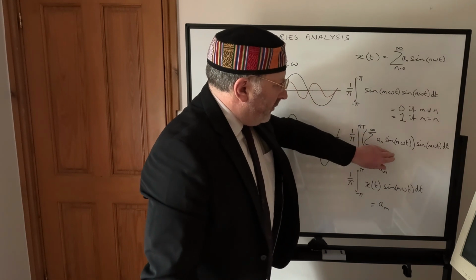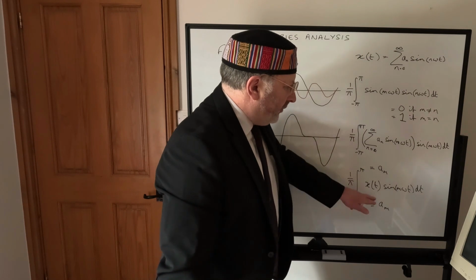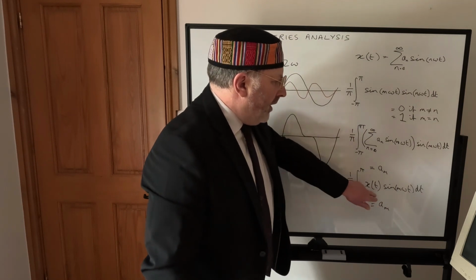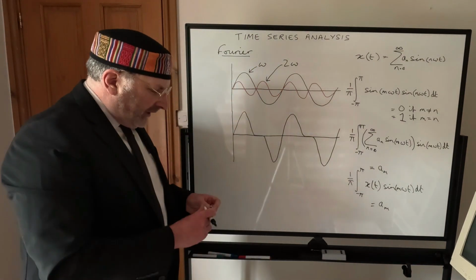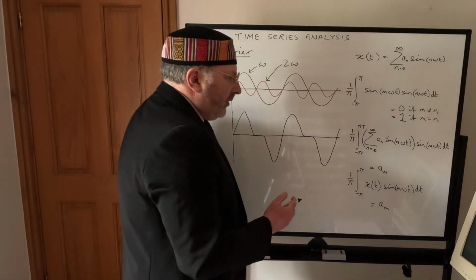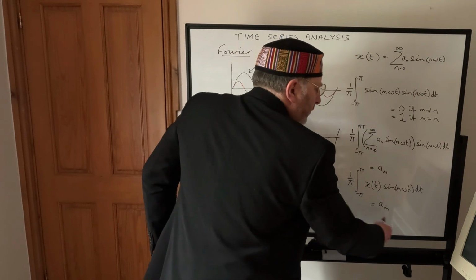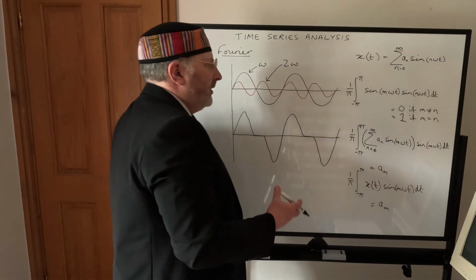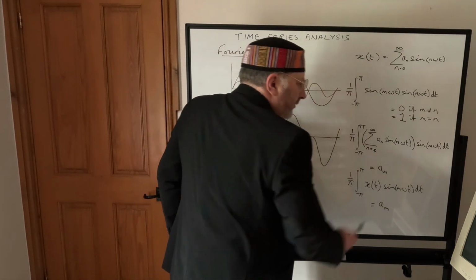It's only the sine of frequency m omega t that will come out of it. So we will get the amplitude of the sine m omega t part of x of t. And that is what we're interested in. We're interested in these values, a_m or a_n, whichever subscript we're using, for our signal.